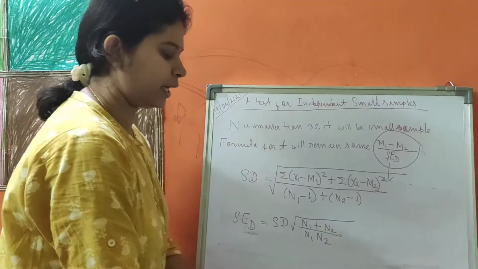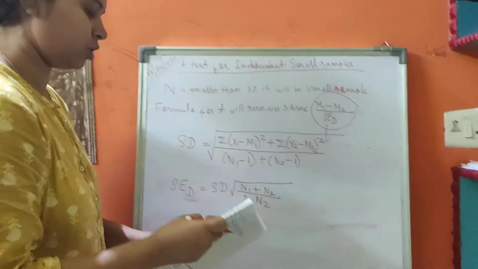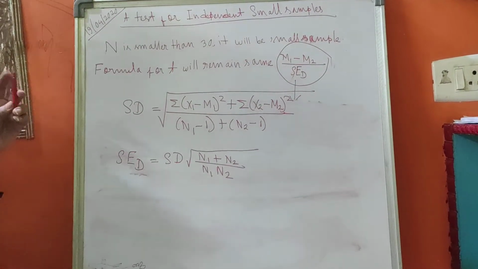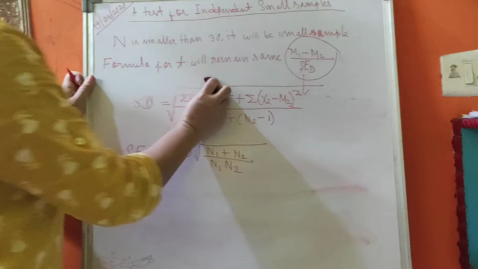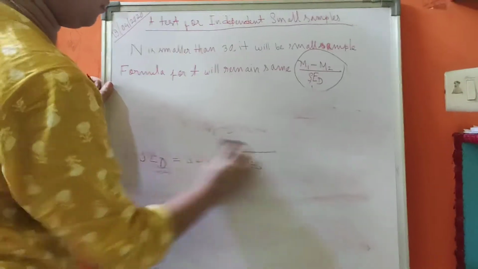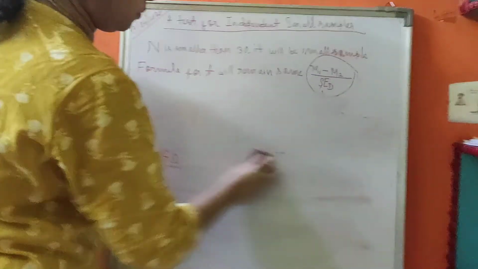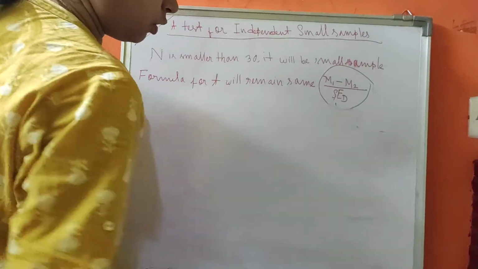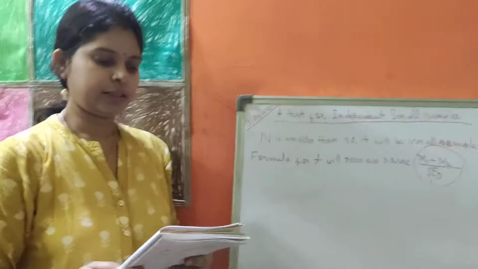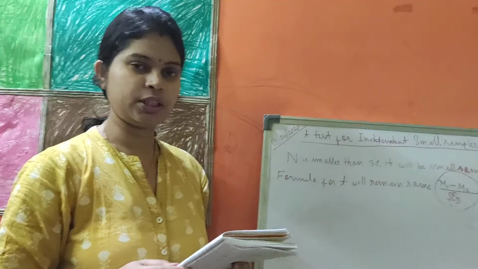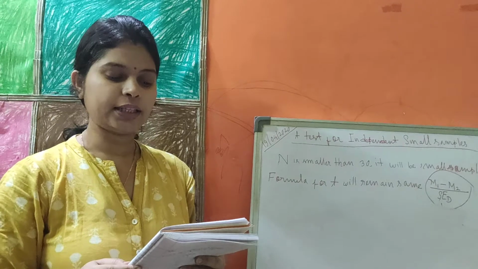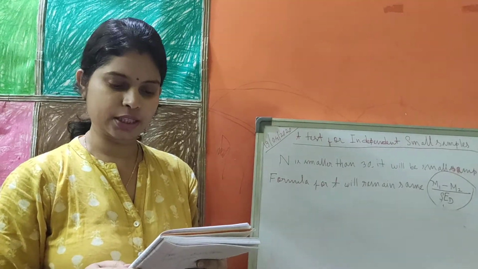Now we will take one practical question to find out how to calculate the standard error of D and t for independent small samples. First I will read out the question: an interest test was administered to a group of 6 boys in a vocational class and 10 boys in a Latin language class.